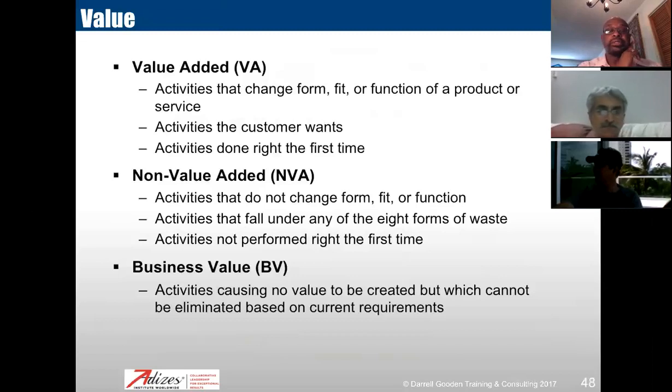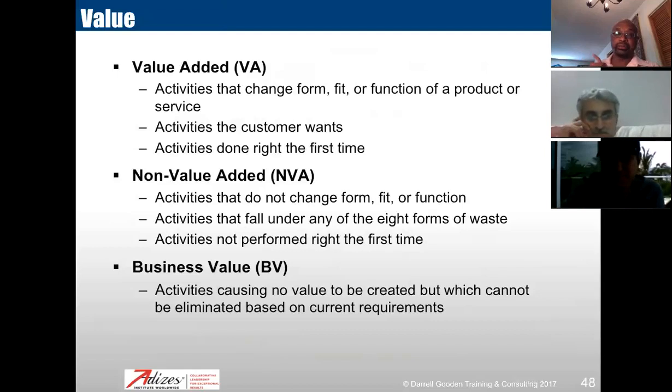Non-value added is activities that do not change form, fit, or function, and the activities that fall under any of the 8 forms of waste: waiting, over-processing, overproducing, underutilization of people's minds, brains, and such, and movement, excessive movement, and so on. Any of the 8 wastes, if you could say that's waiting, then it is not a value-added step, and by definition, non-value-added.